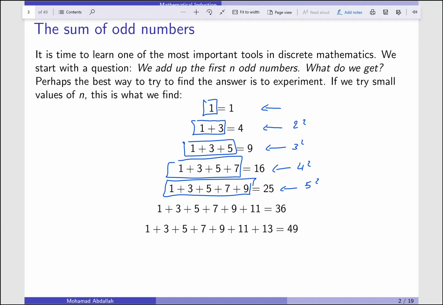So it seems that I do have some sort of a pattern here: the sum of the first two odd numbers is 2 squared. The sum of the first three odd numbers is 3 squared. Like here, the sum of the first 6 odd numbers is 6 squared, and the sum of the first 7 odd numbers is 7 squared. So I do have some sort of a formula here.